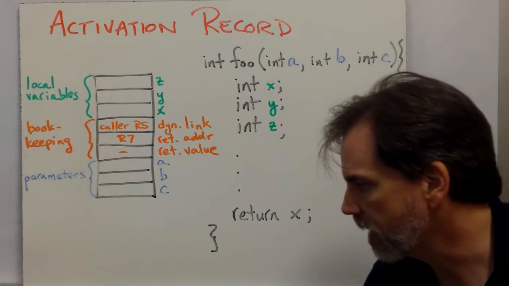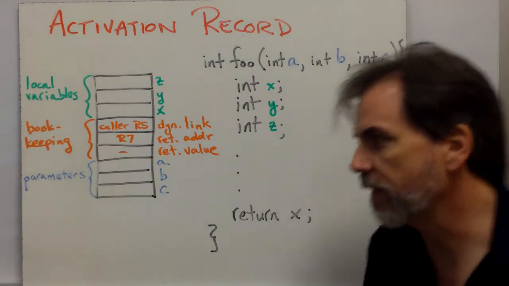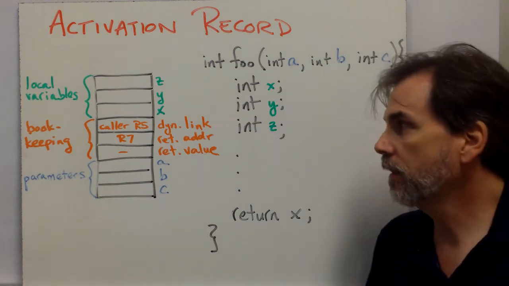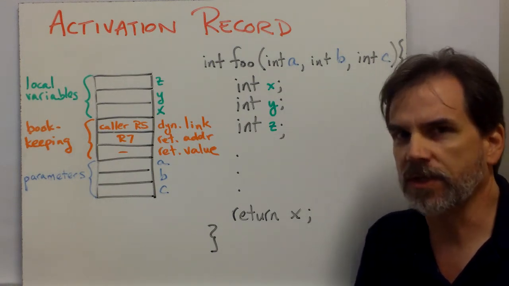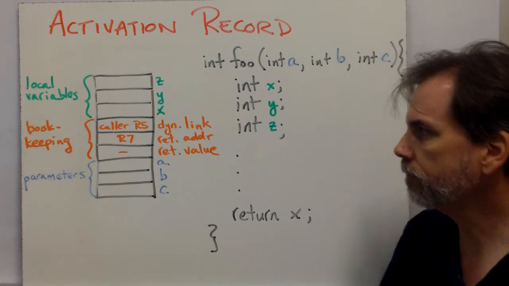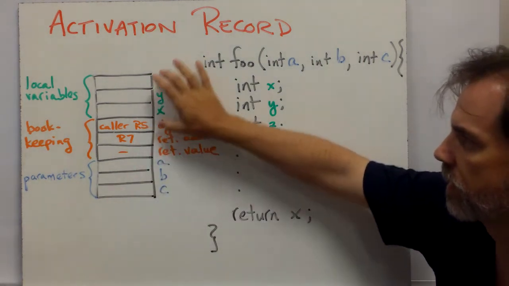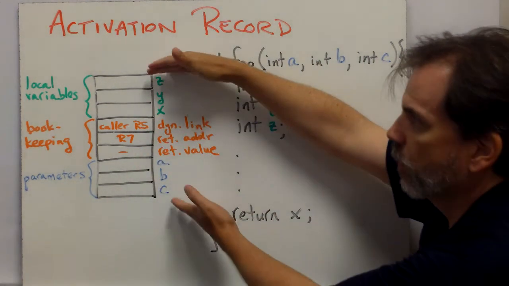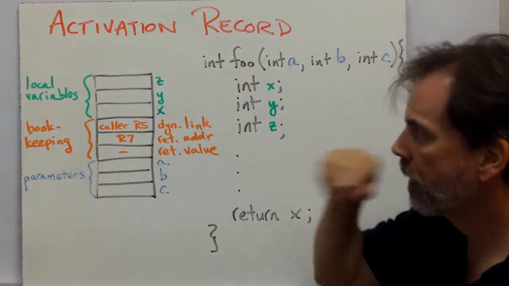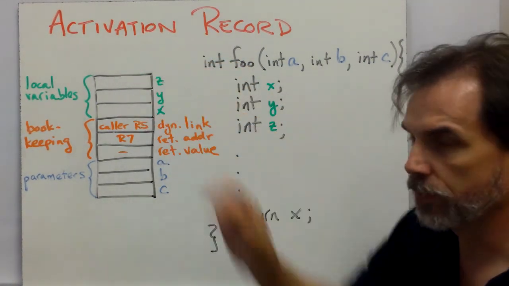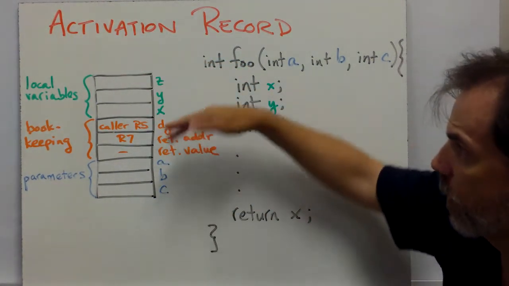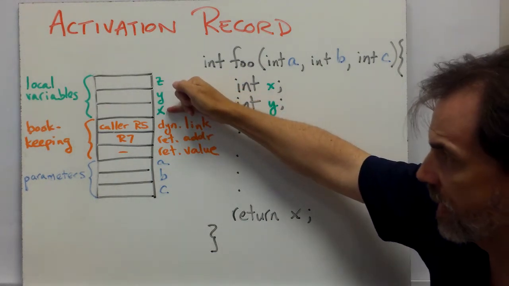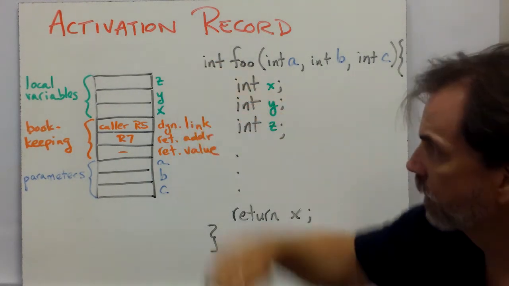So let's look more carefully at what is inside the activation record. This is specific to the LC3, but every system will have some similar kinds of structure. We have three sections of the activation record. This whole thing is one activation record. So we have local variables, which we've talked about before, and we know that R5 points to the beginning of that local variable section.